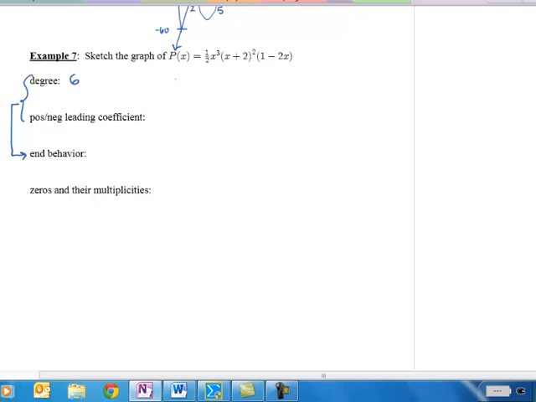And that is going to come from 1/2 x cubed times x squared times negative 2x. So when we multiply all of the x's together, that highest degree term is going to look like negative 1 times x to the 6th if we multiply the 1/2 and the negative 2 together. So we can see that the leading coefficient is actually going to be negative.